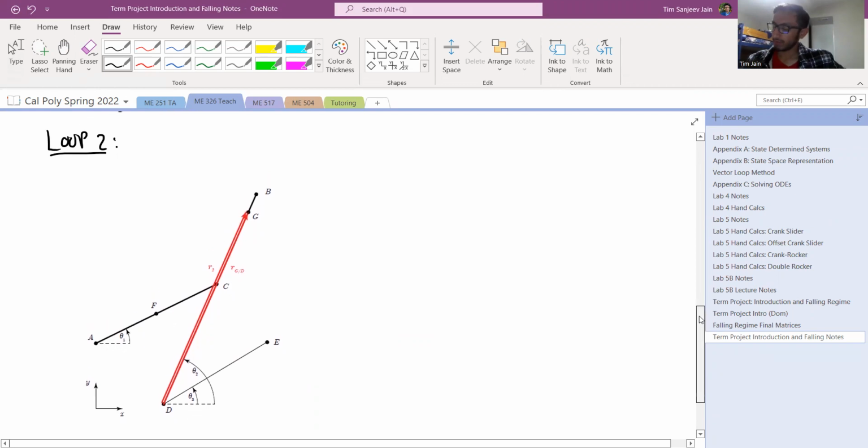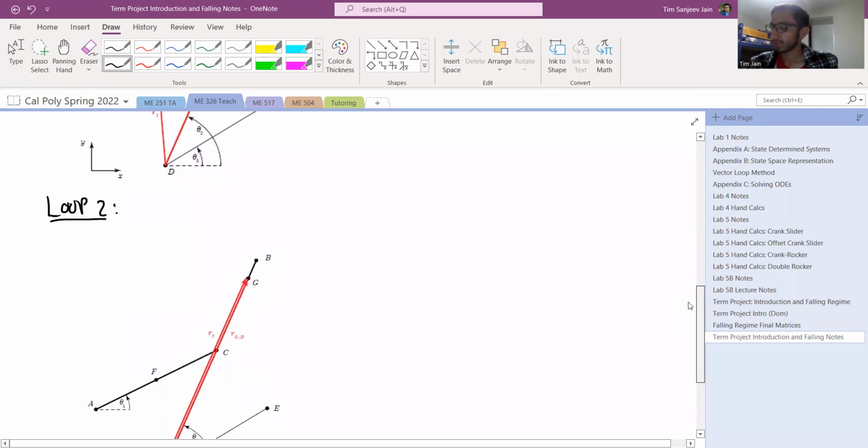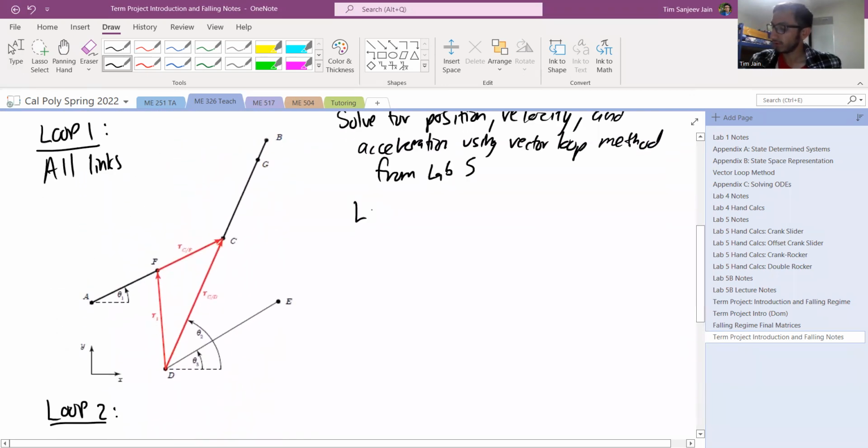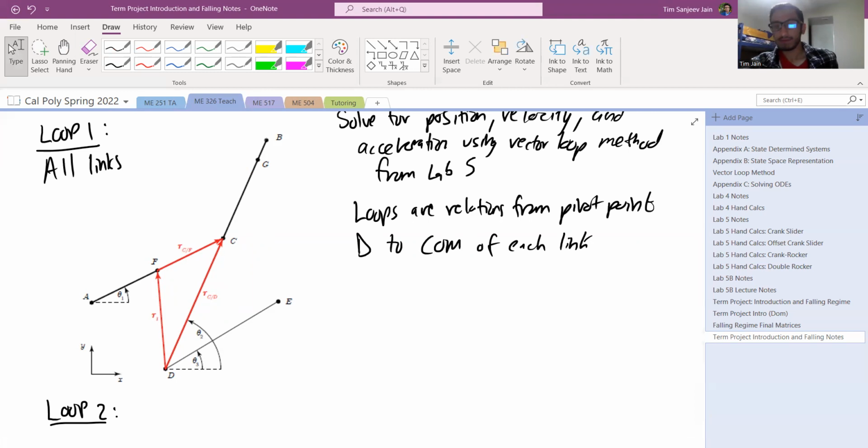Basically, what each of the loops do is they have relations from pivot point D to the center of mass of each link. I believe that link 1 is defined as AC, link 2 is defined as BD, and link 3 is defined as DE.